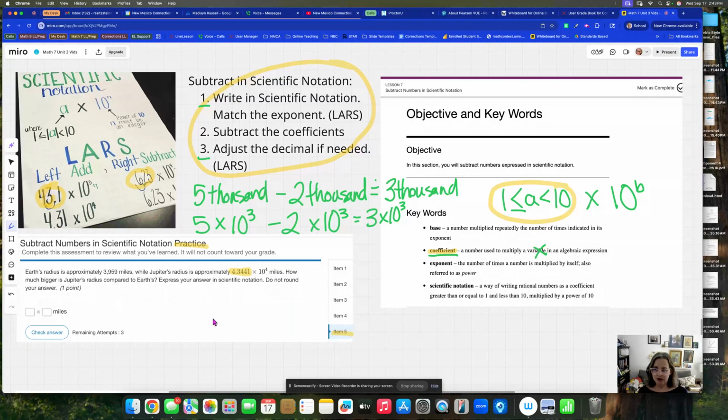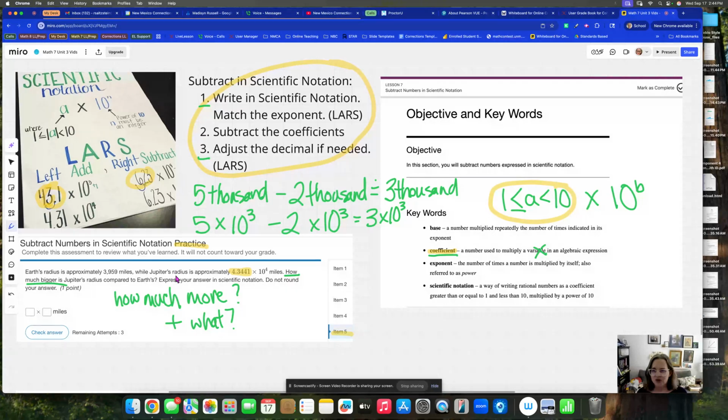Do not round your answer. Okay, so when I see this question, how much bigger, okay, how much more? To me, that means plus what?